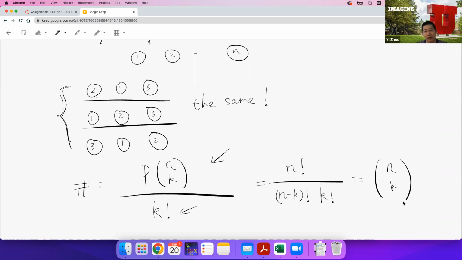In this case, C(N, K) means that we only care about the set of K objects that you selected. We don't care about the ordering among these selected objects. Okay, so this is how you calculate the number of different selections.